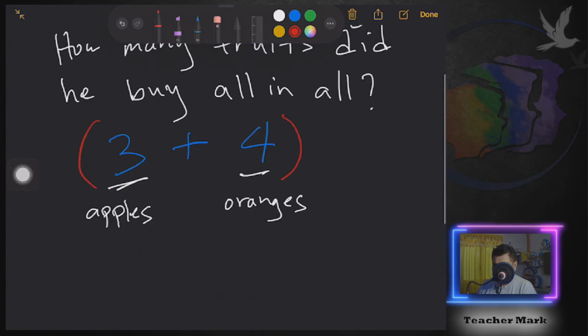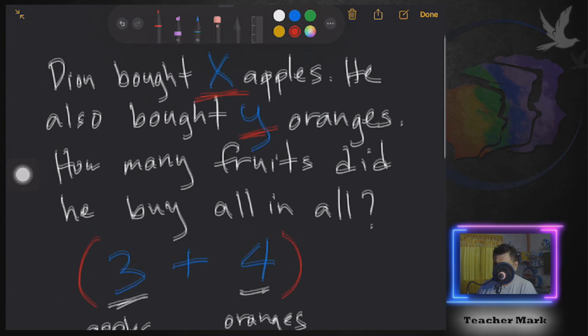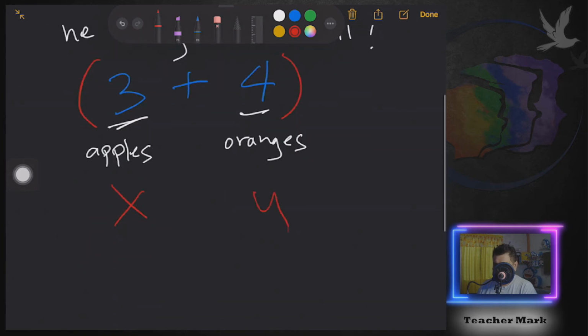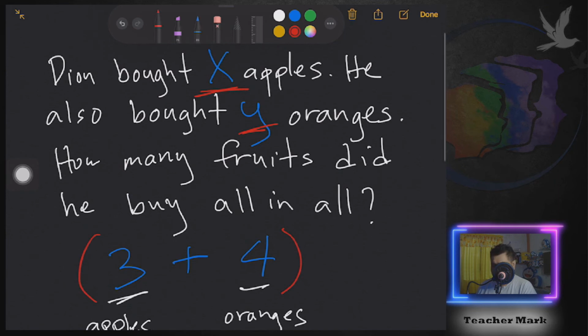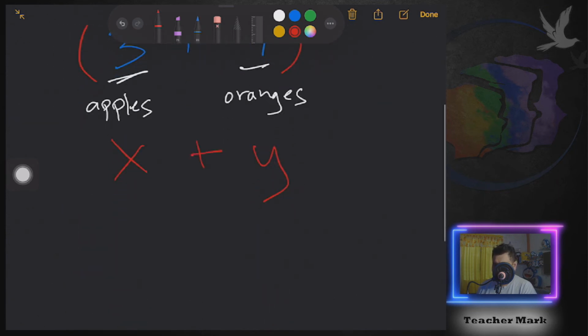So we can say how many apples do we have now? X. How many oranges do we have now? Y. And what operation did you do earlier? So technically, you are applying the same operation here, which is addition, which now leaves us to x plus y.